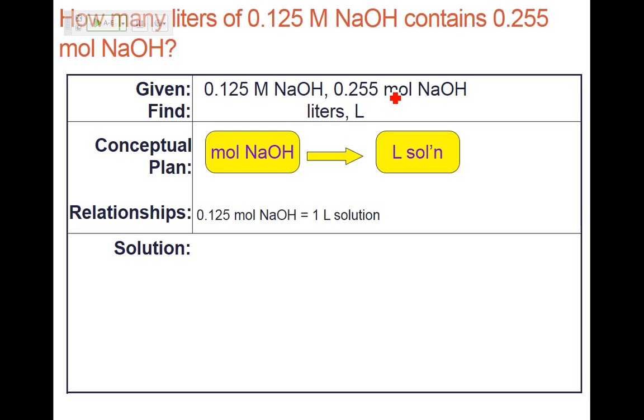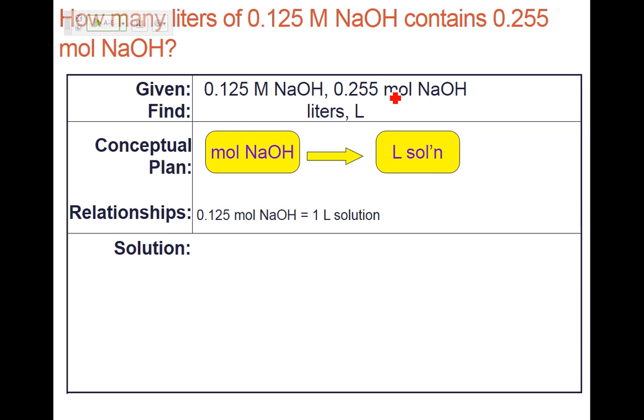I want to know how many liters of this solution I need for 0.255 moles. I should already know from this that I'm going to need more than 1 liter of solution, because I'm asking for more moles than what's in 1 liter of solution. I want 0.255, but I only have 0.125 per liter.